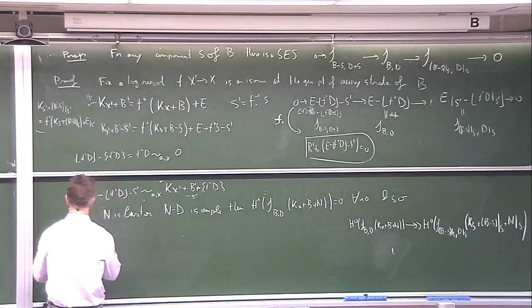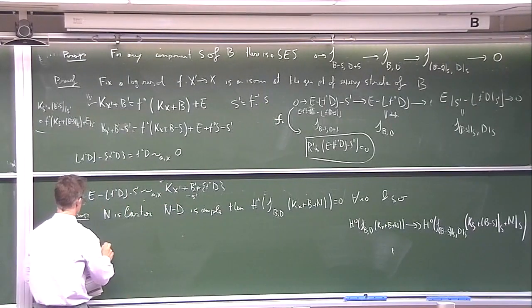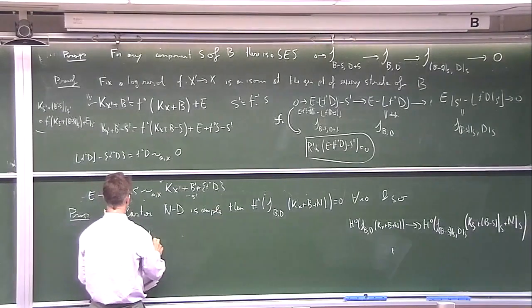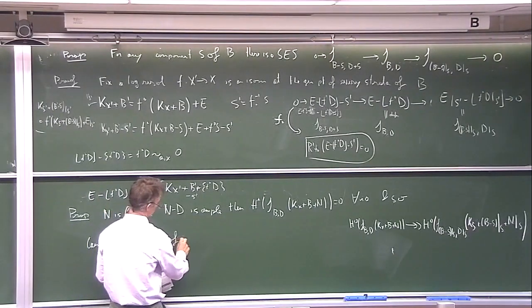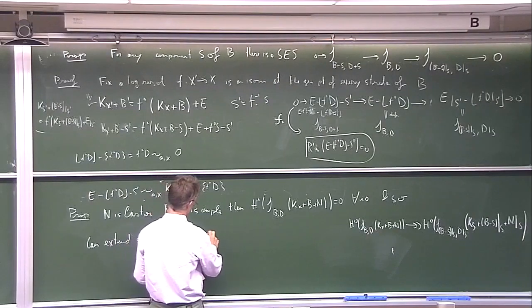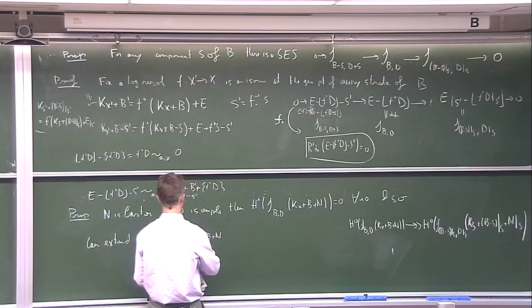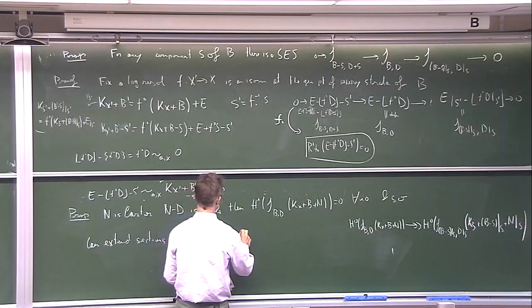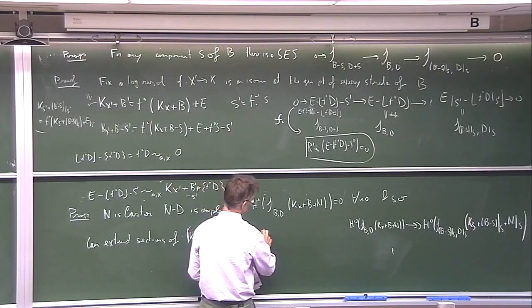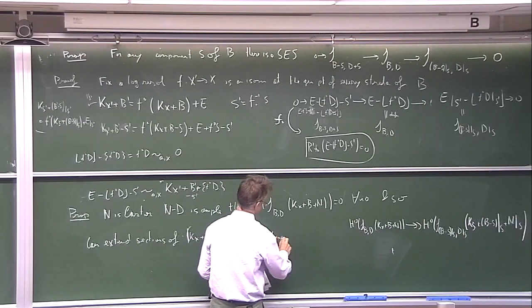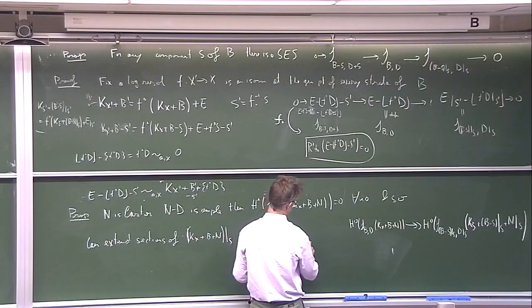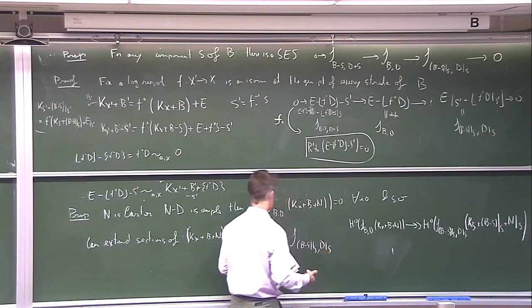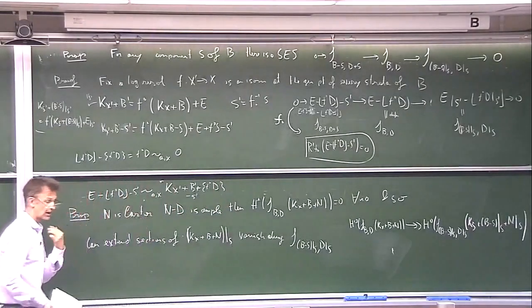So you can extend sections of Kx plus B plus N restricted to S, which vanish along the ideal B minus S restricted to S, B restricted to S. So it doesn't allow you to extend all sections.